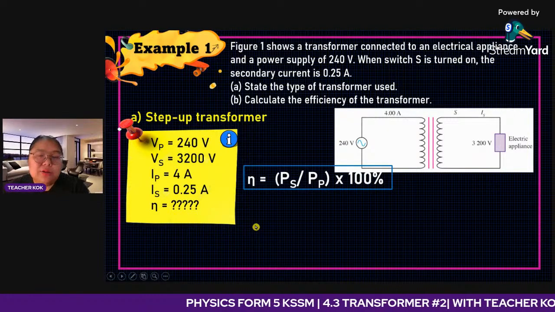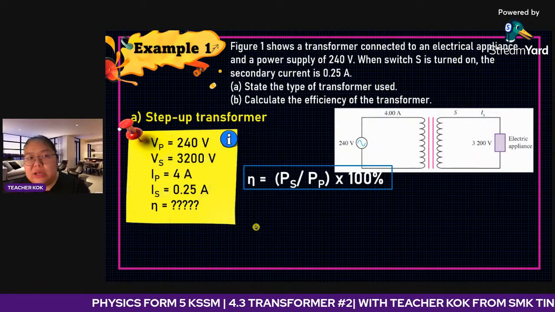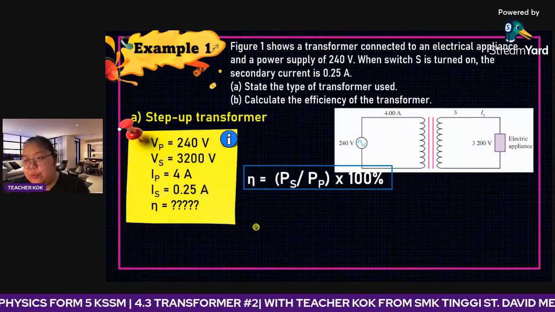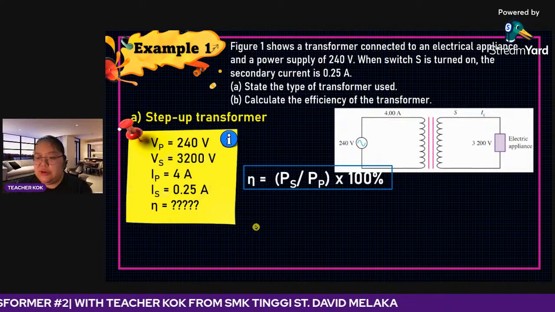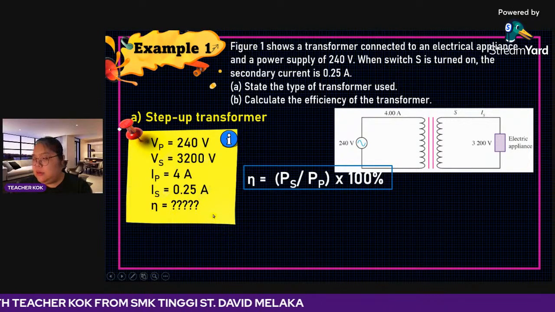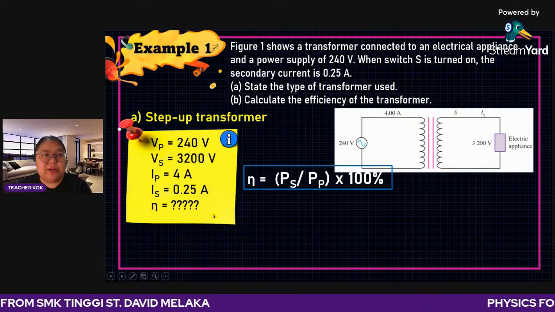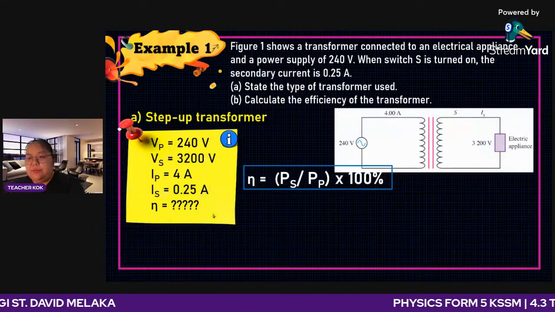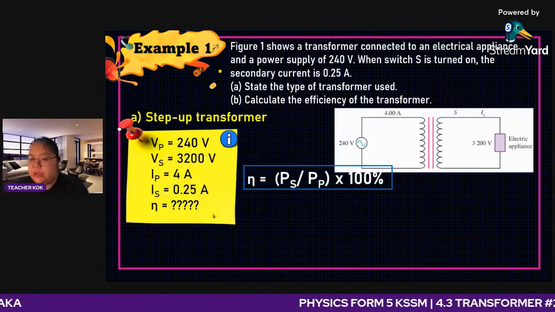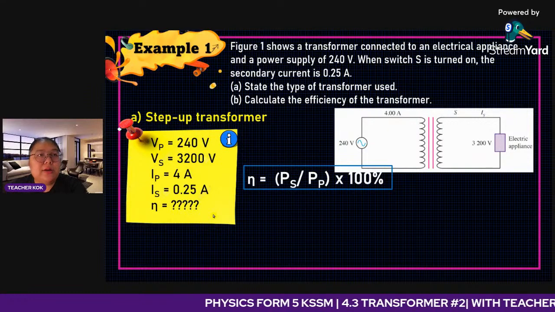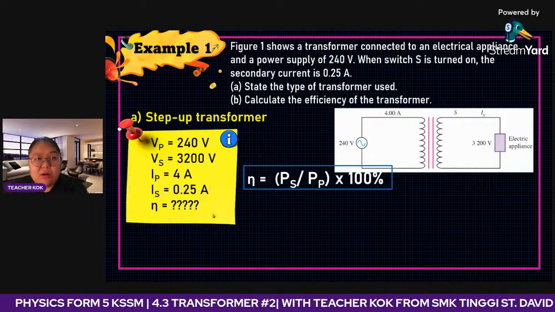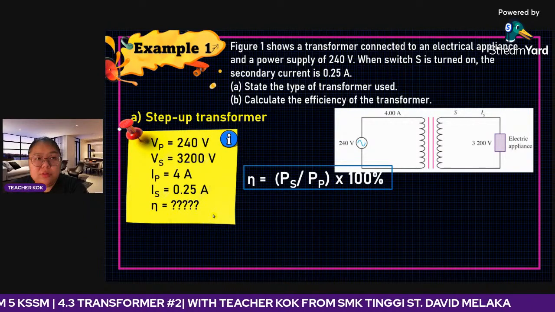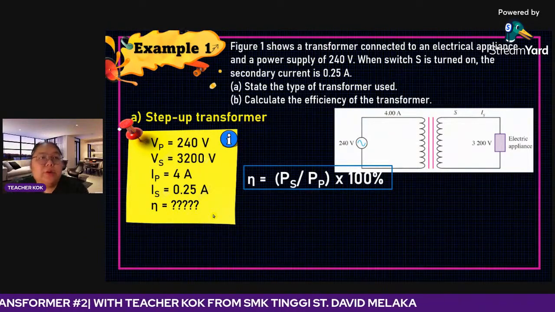I need your help to give me the answer. For example 1, students, please write the answer here. Then I know whether you understand this question or not. We just wait for the students. Prepare your calculator and type the calculation now to give me the answer.